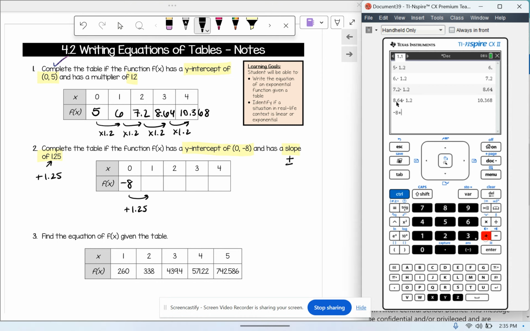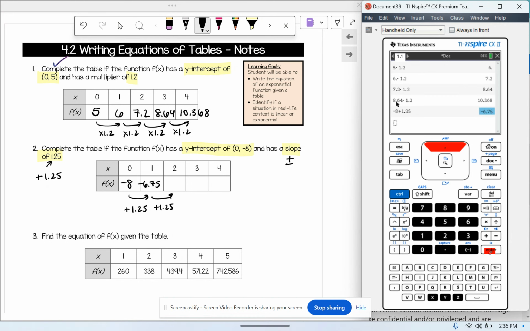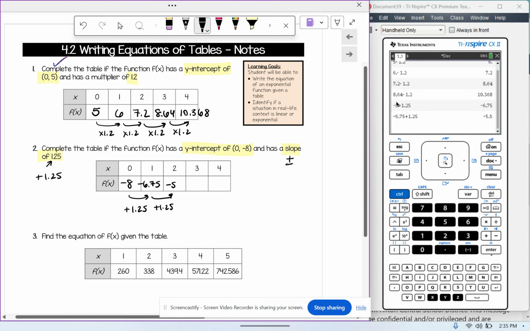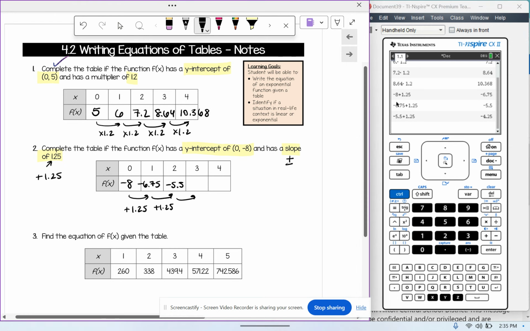I'm going to take the -8, add 1.25, and get -6.75. I'm going to do the same thing again, and again, and one more time to get me to the last piece in the table.